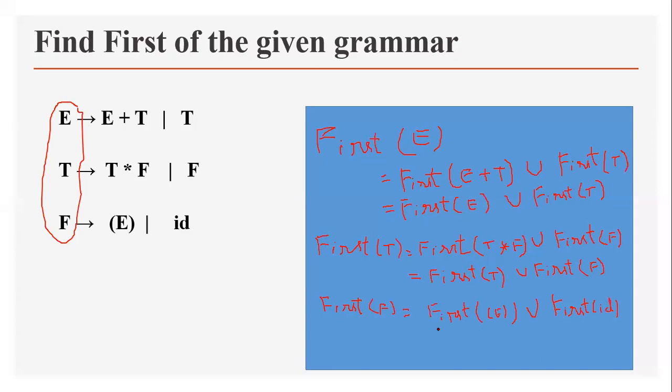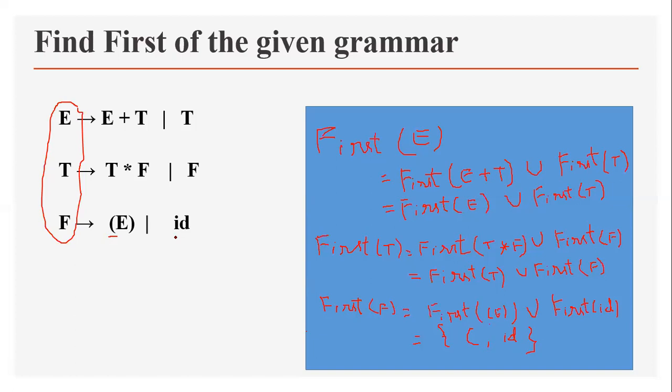Now you know that first of open brace E close brace means it is first of open brace. Open brace is a terminal, so your answer will be open brace itself, because that is the first symbol which is a terminal. Along with that you also have ID. ID is also considered as a terminal. So that is the answer. First of F means open brace, comma, ID.